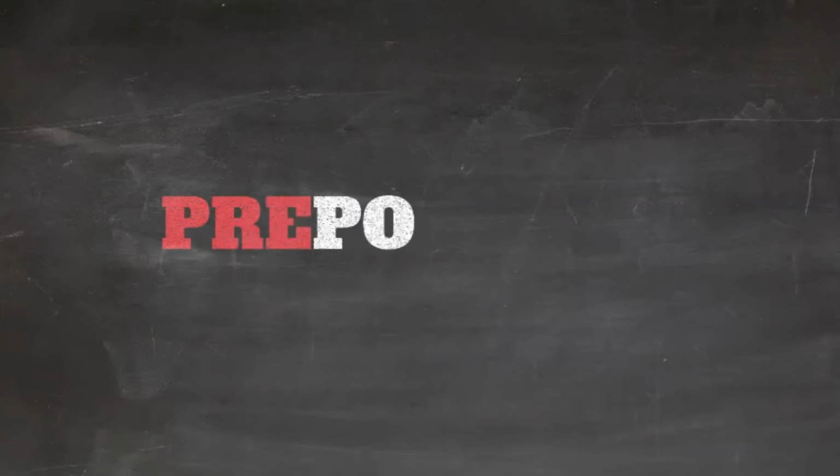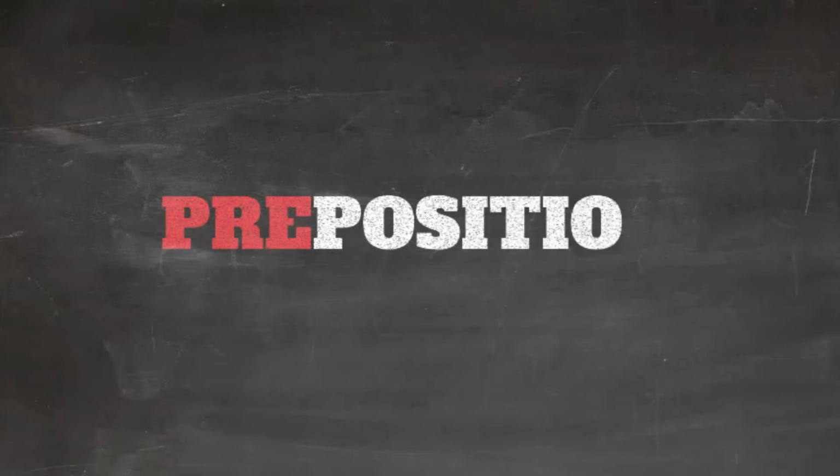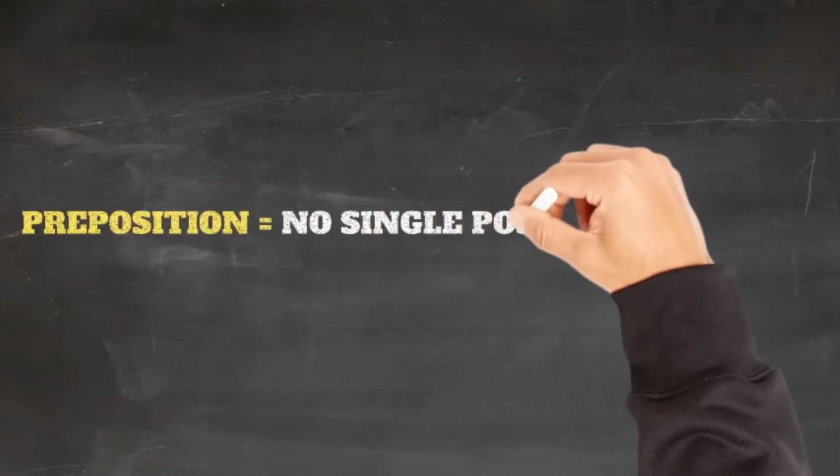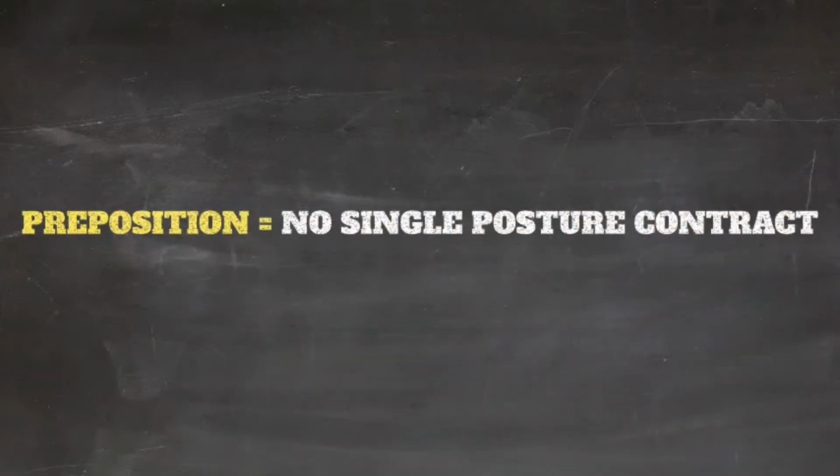The prefix is pre. This means before. So it is set in the past. It is a negative condition of state. It negates the now. Basically it means no. So this word preposition means no single posture contract.